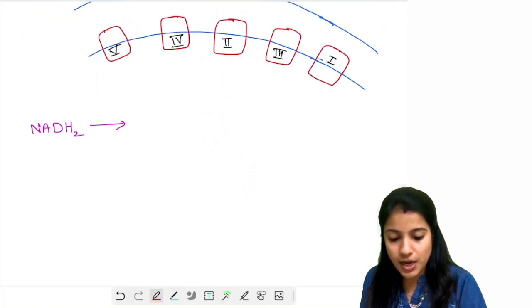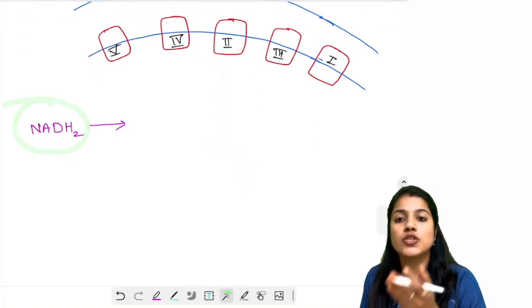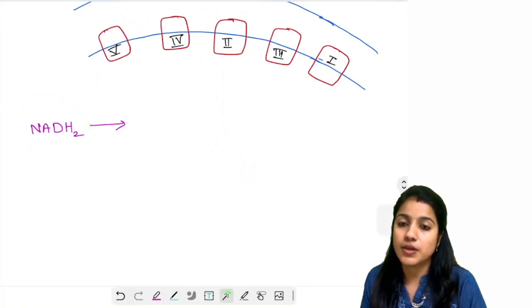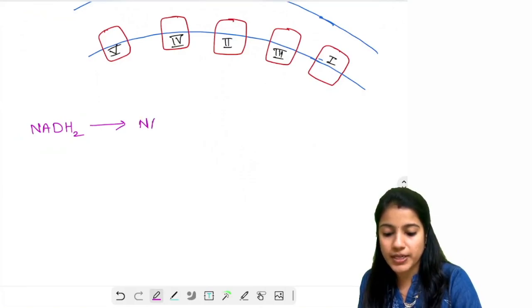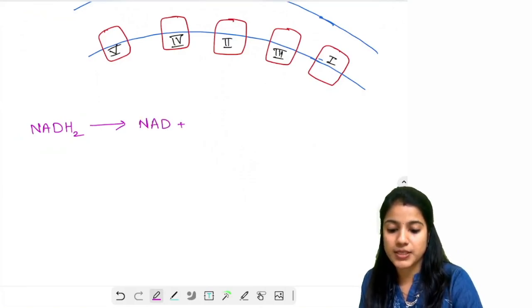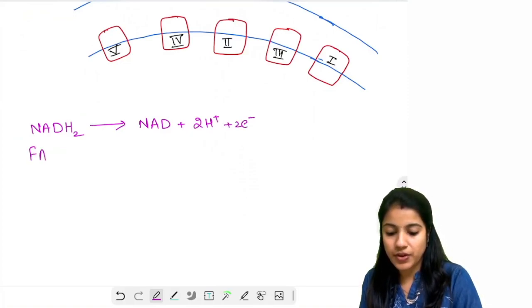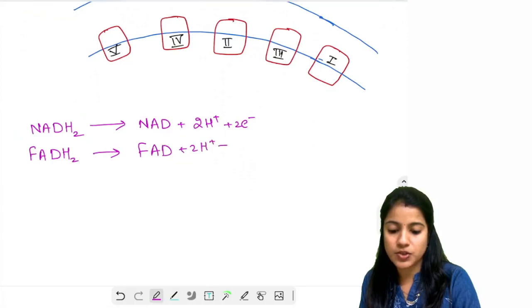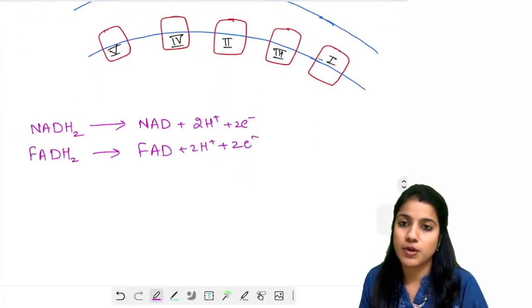From NADH2 we will be getting NAD plus 2 protons plus 2 electrons. Similarly, FADH2 will give us FAD plus 2H plus 2 electrons. These are the products we will get from these molecules.